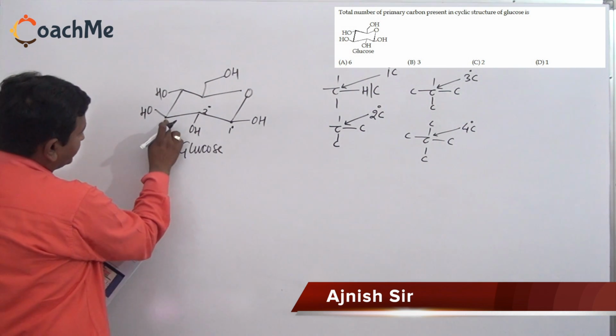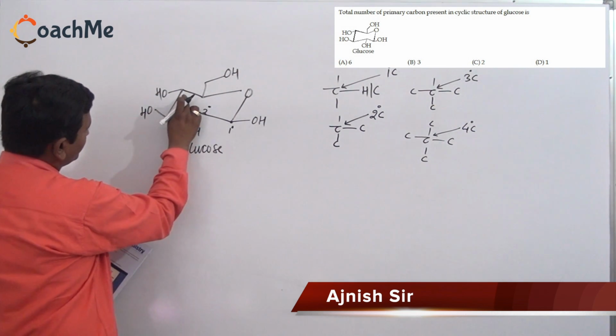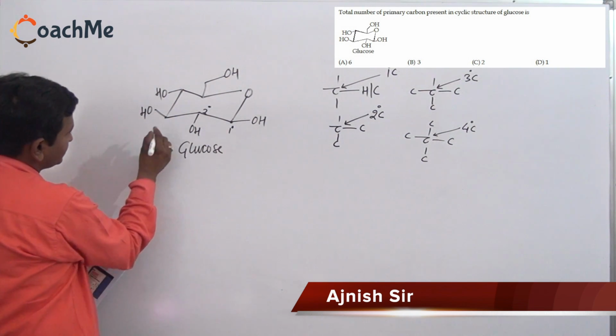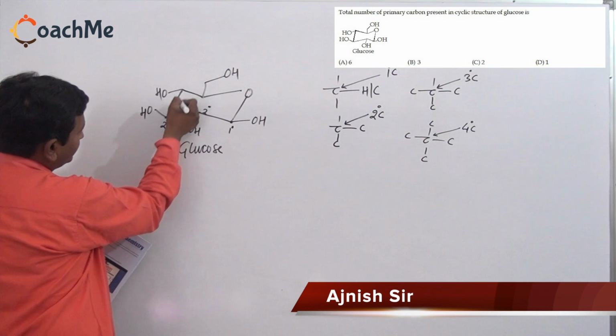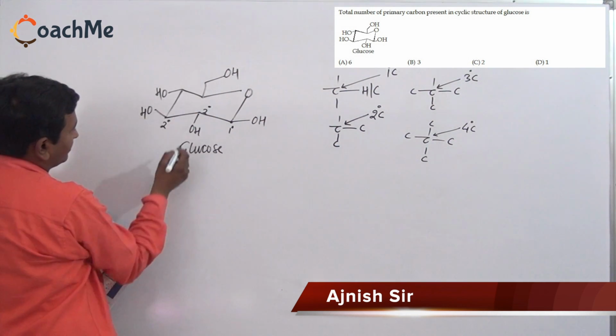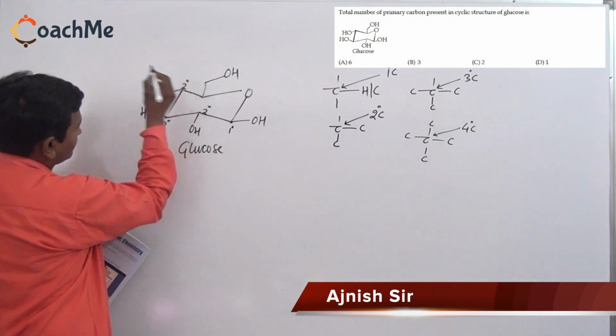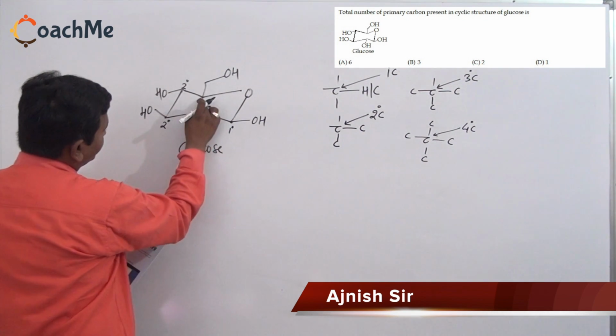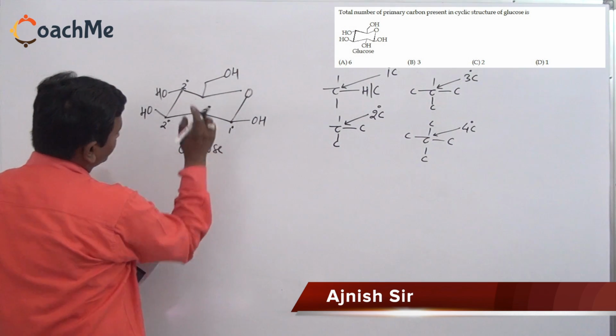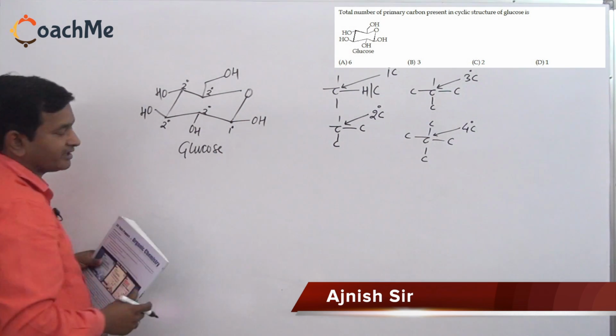For this, it is attached with 2 carbon, 1 O and 1 H. It is also secondary. Here again, it is 1 oxygen, 1 hydrogen. If attached with 2 carbon, it is also secondary. Here, it is attached with 2 carbon, 1 hydrogen and 1 oxygen. It is also secondary.